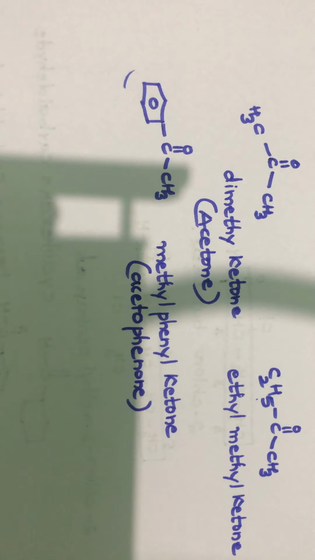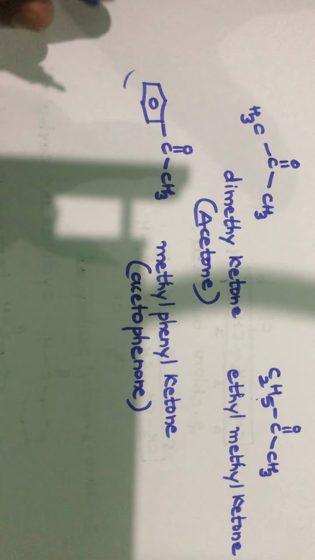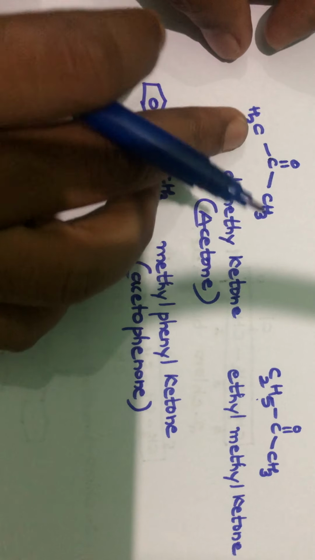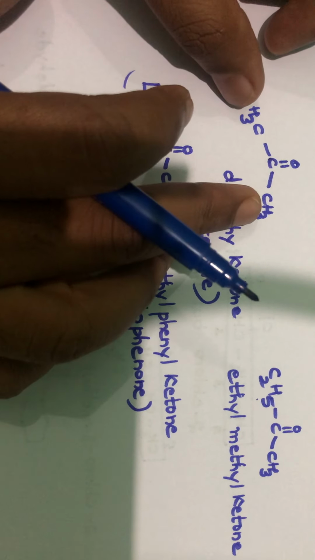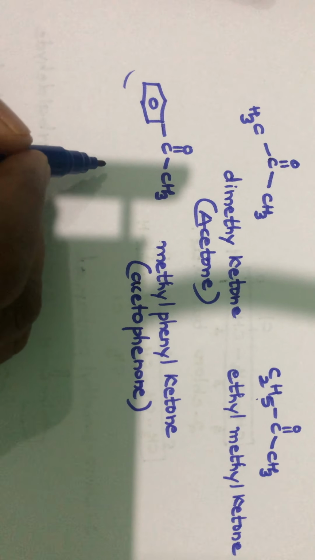Okay, now if there are substituents present on either side of the chain, then they are indicated by using Greek letters alpha, beta. Since there are two chains here, one is named as alpha, the other will be alpha dash, like this. I will just go for an example.